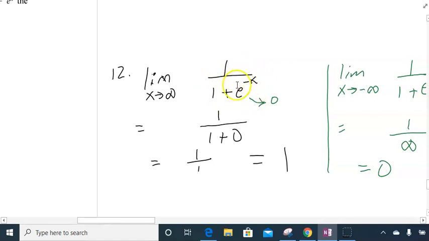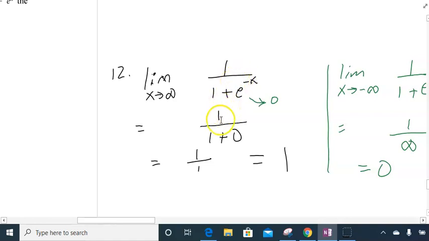So notice what is happening to the graph: as x approaches positive infinity, the function e to the negative x approaches 0. So then we'll replace this with 0 here.